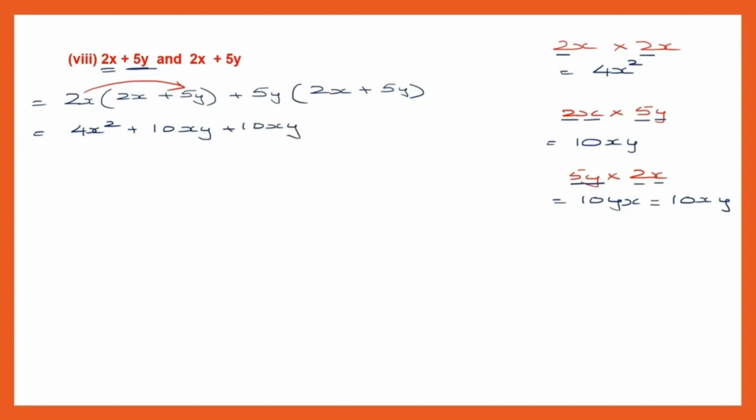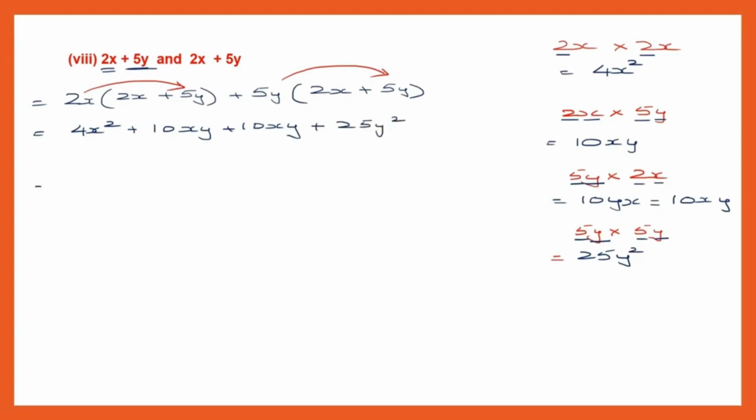Now let's multiply 5y into 5y. That will be 5 into 5, that is 25. We have 1y here, 1y there, so y square. So this will be plus 25y square.